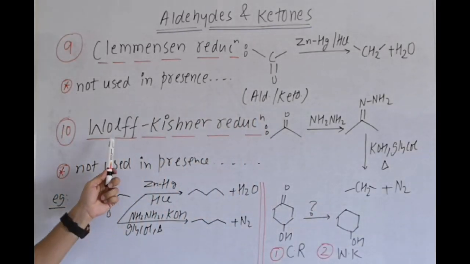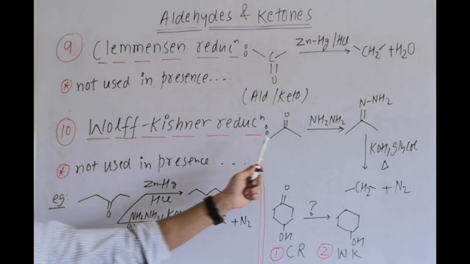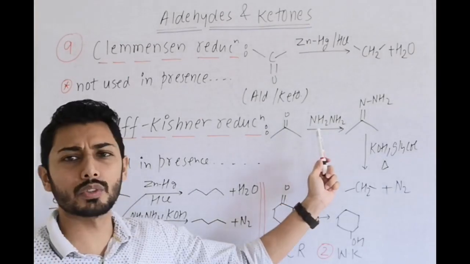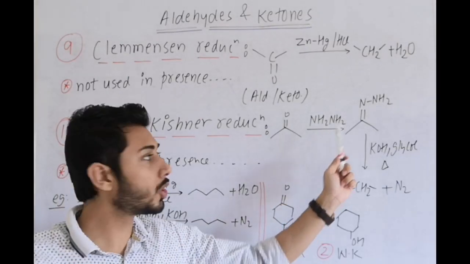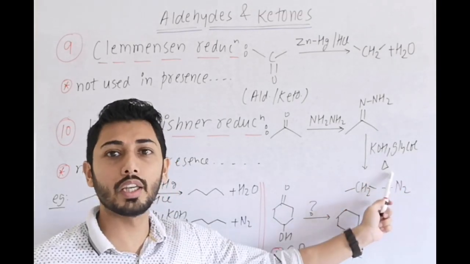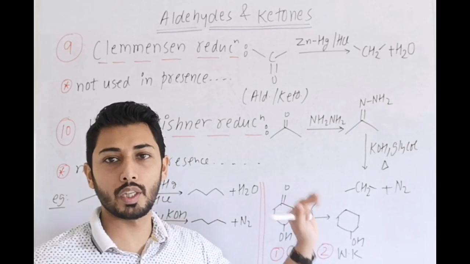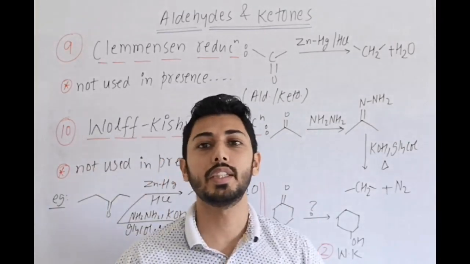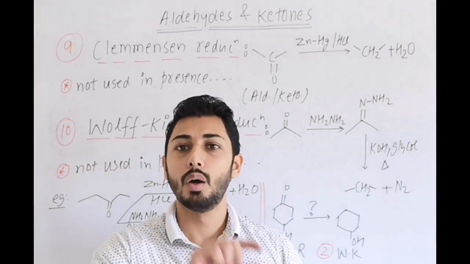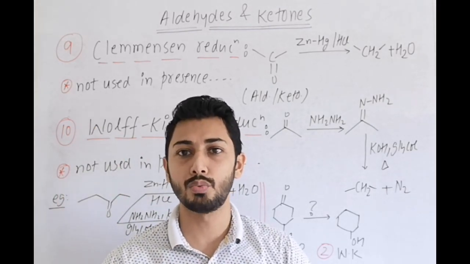Then the next reduction is Wolff-Kishner reduction where we use alkaline medium. Firstly NH2NH2 addition, nucleophilic addition, then treating with alcoholic KOH with glycol, heat. Finally it becomes again CH2. In both these reactions, C double bond O of the carbonyl finally goes to CH2 formation. That means alkane is formed.